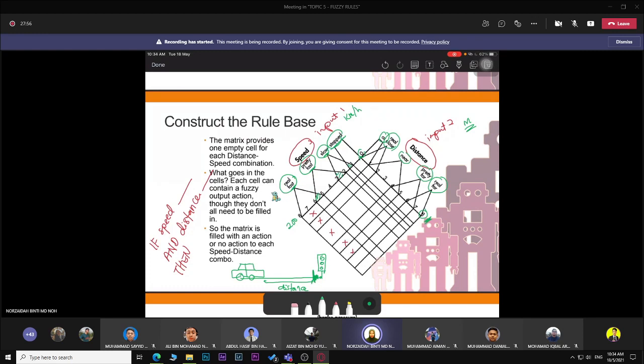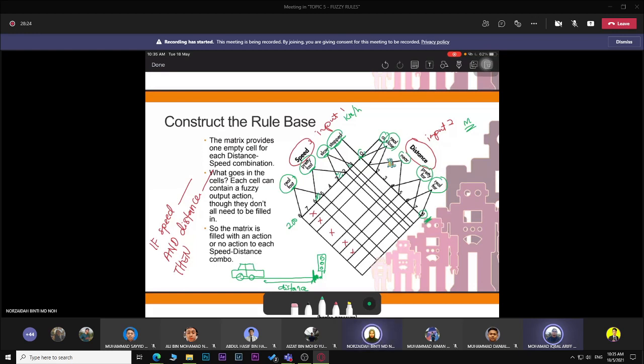Okay, so sekarang ni kalau you ada this 5 set for distance and 4 set for speed, how many rules do you have? How many rules? 20. Yeah, you ada 20. 4 times 5.